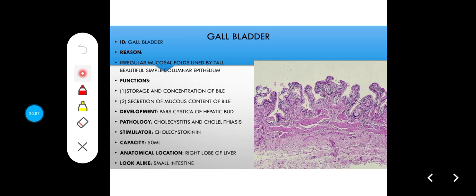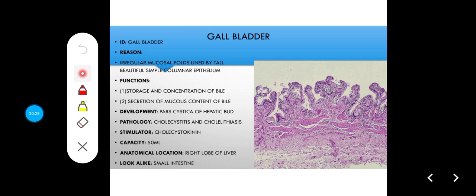Development is from the pars cystica of the hepatic bud. The pathology is cholecystitis and cholelithiasis. Stimulator is cholecystokinin. Capacity is 50 ml. Anatomical location is the right lobe of the liver. The lookalike is the small intestine.